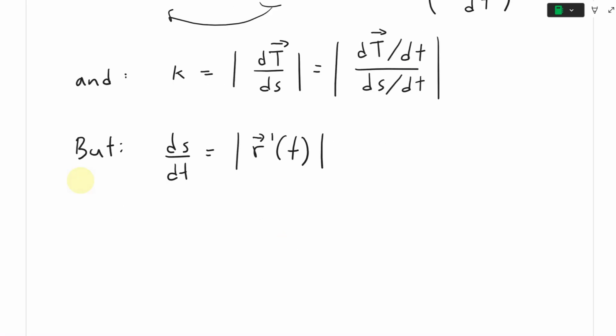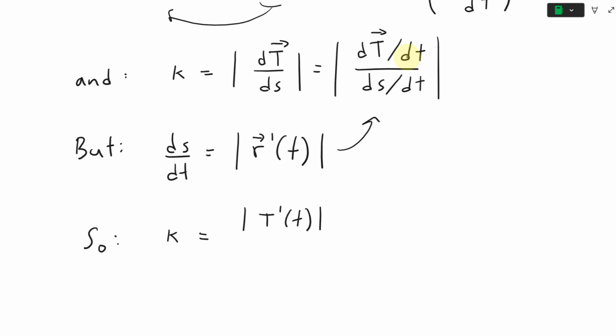Now that we have that, we just plug it into kappa. And dT over dt we can write in the prime format. So the top part is the magnitude of T prime of t, the derivative in terms of t, divided by ds over dt, which is just the magnitude of the vector function r prime of t.